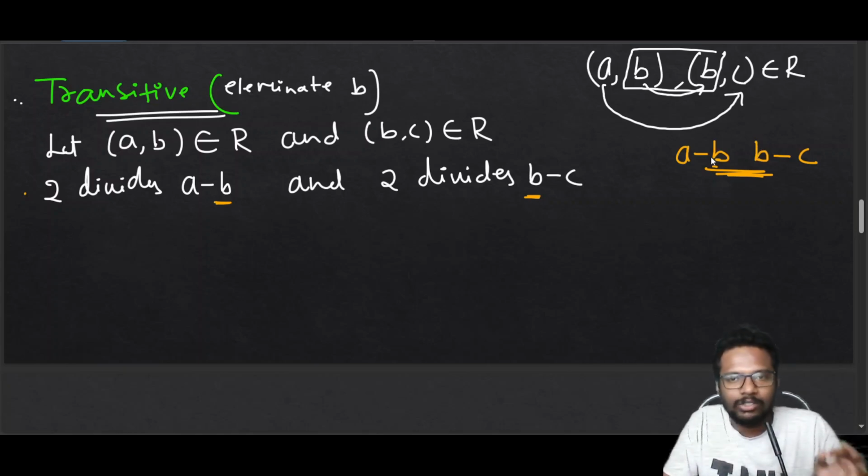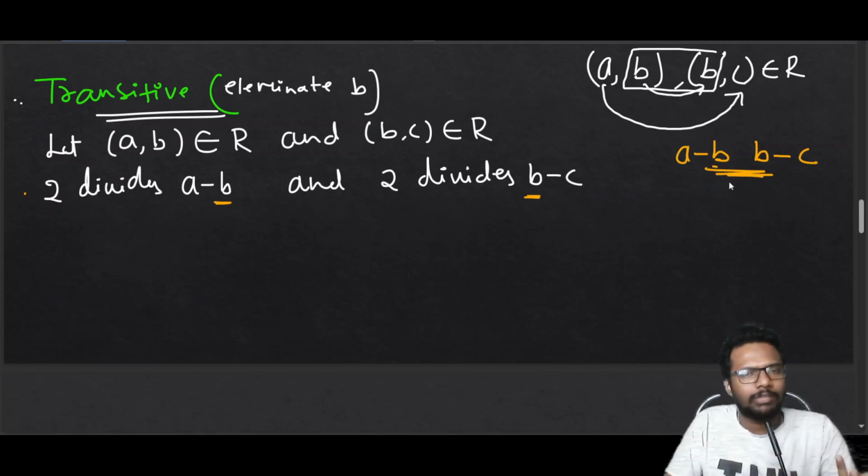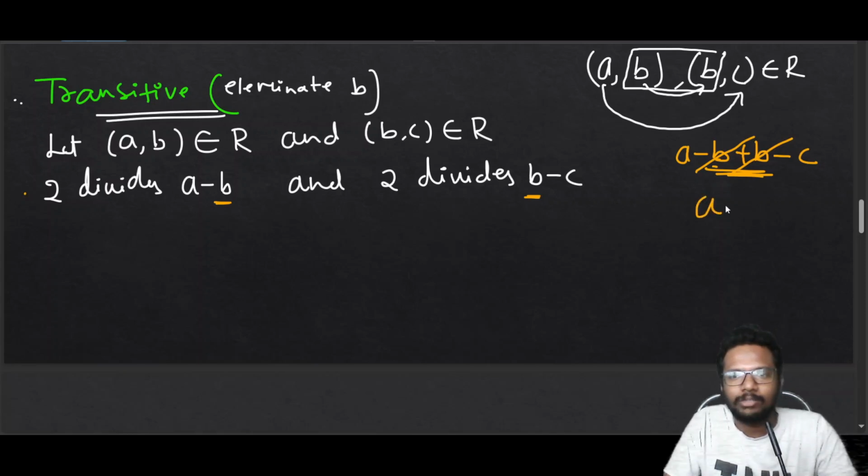Here we are seeing minus b and plus b. If we add these two terms, a minus b and b minus c, definitely we can eliminate minus b and plus b. The remaining will be a and this part will be c. So b is eliminated, and the first and the last element remain: first a and the last part c.